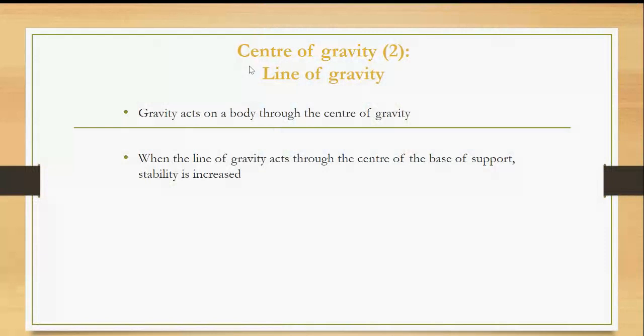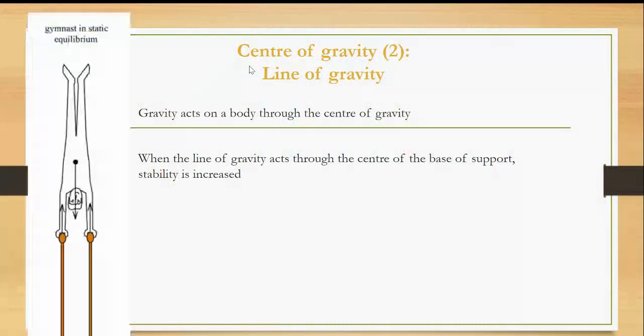So gravity acts on a body through the center of gravity. When the line of gravity acts through the center of the base of support, stability is increased. So here we're talking about this line of gravity. The line of gravity is the line or the space in between your base of support. So in this case, the base of support is each hand, and their center of gravity is in between those two things.